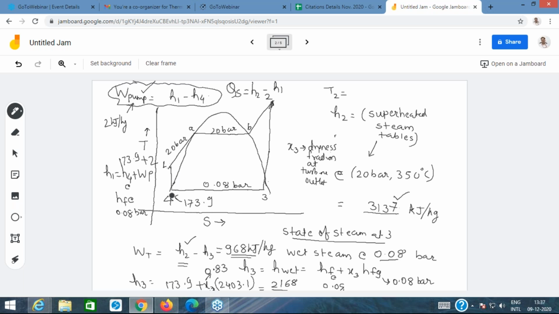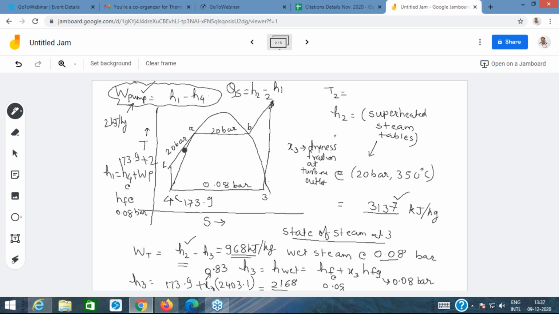Once you get the pump work, H4 plus pump work will give you a new enthalpy H1. So H4 plus pump work is H1. This way you get H1, which is the entry to the boiler, and you have already known the exit of the boiler. So H2 minus H1 is the heat added in the boiler.